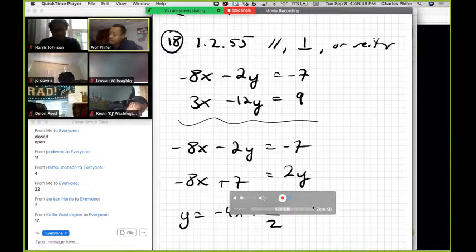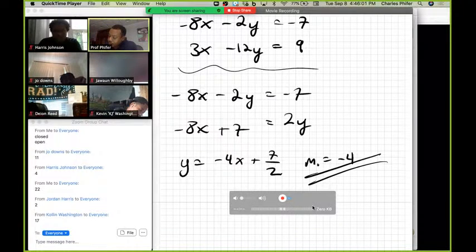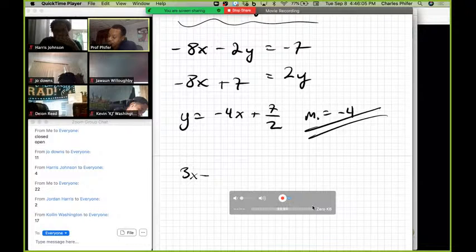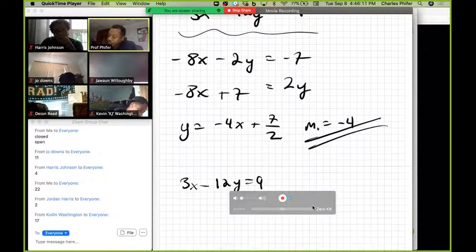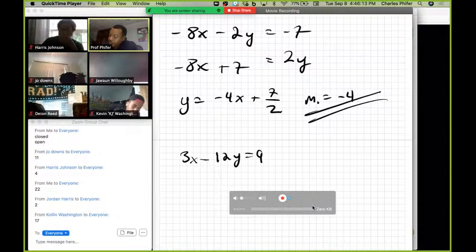Oh, so slope number 1 is going to be, it looks like, negative 4. Okay. The second one we have is 3x minus 12y equals 9. Everything is divisible by 3, so we're going to have x minus 4y equals 3.